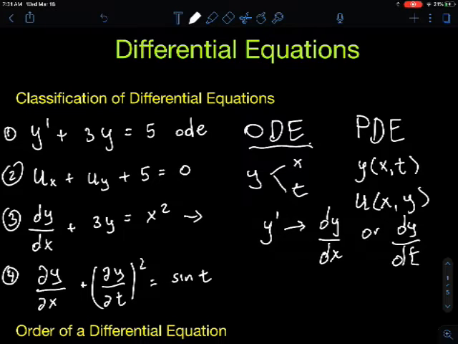In the second one, we have the function u, but we can see the subscripts here. The subscripts tell us that u depends on two variables now, x and t, or x and y. So my main function u depends on two variables, and therefore this is a PDE.